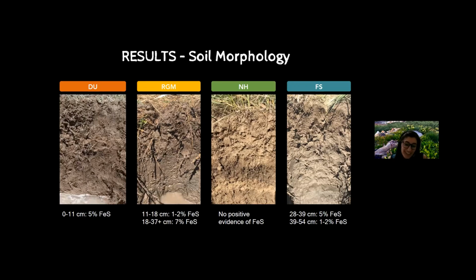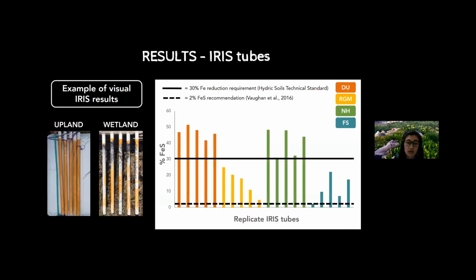So what we found here, they look like fairly bland soils, but we actually went in and were able to confirm 1 upwards to 7% of iron monosulfides within the soil morphology, and that's in the upper 30 centimeters. We didn't recognize it at one of the sites, but that's okay. Looking into our IRIS results, just so everybody gets a picture of what these tubes look like in a drier environment.